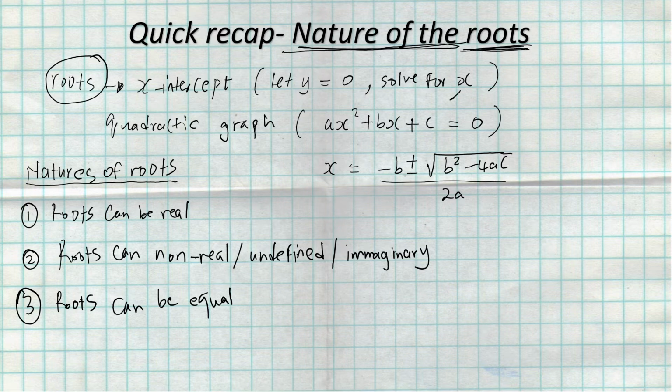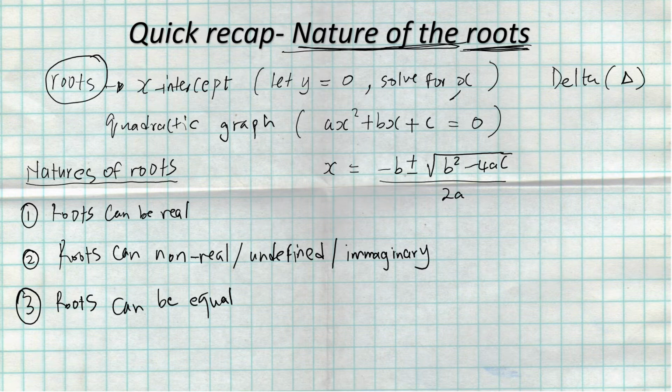So after calculating our roots, how can we determine this nature, to say these ones are real, these are non-real, and these are equal? In order to determine the nature of the roots, we have to calculate something called delta, denoted by that triangle.